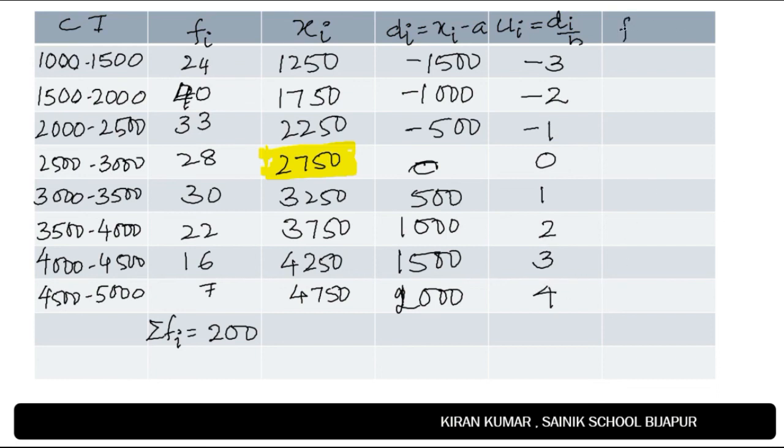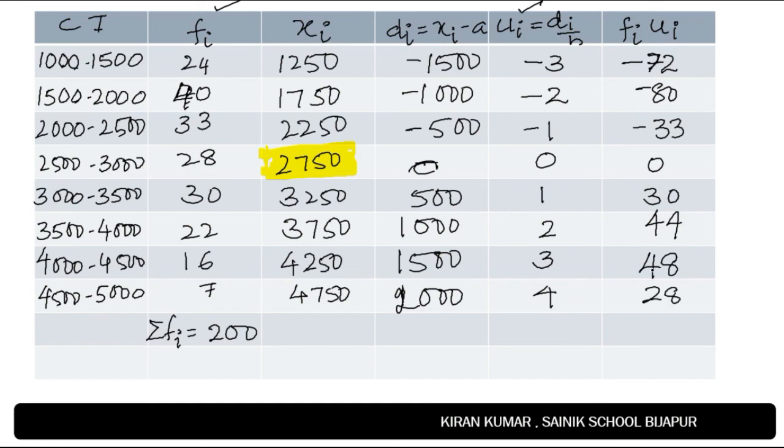Now I'll find fi ui, the product of frequency and the values obtained by the step. So we get minus 72, minus 80, minus 33, 0, 30, 44, 48, 28.